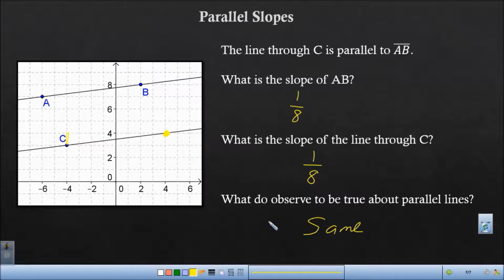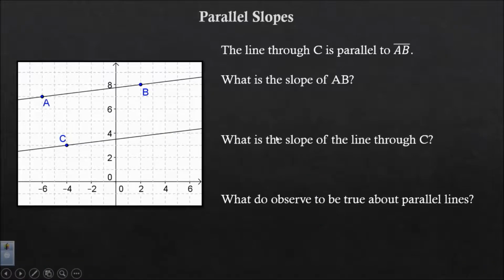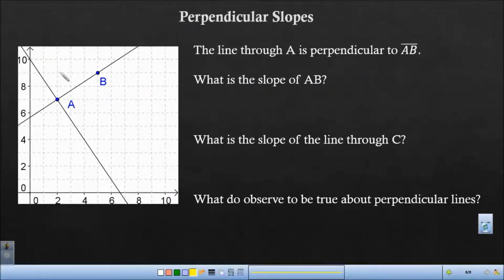They're equal. If I look at perpendicular slopes, here I have line AB, which has a slope of up 2 and right 3. So the slope of AB is 2/3.